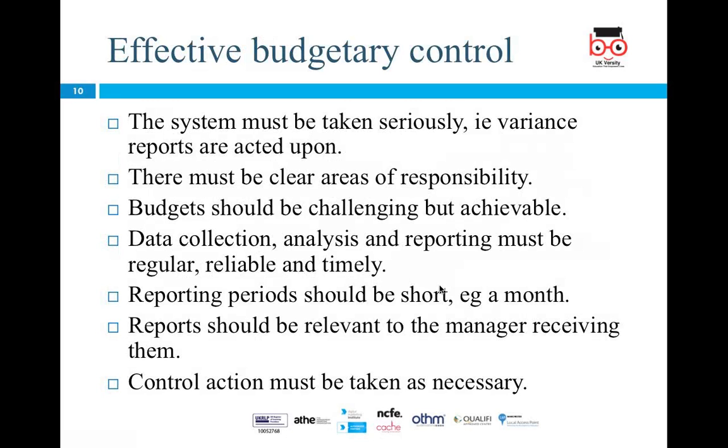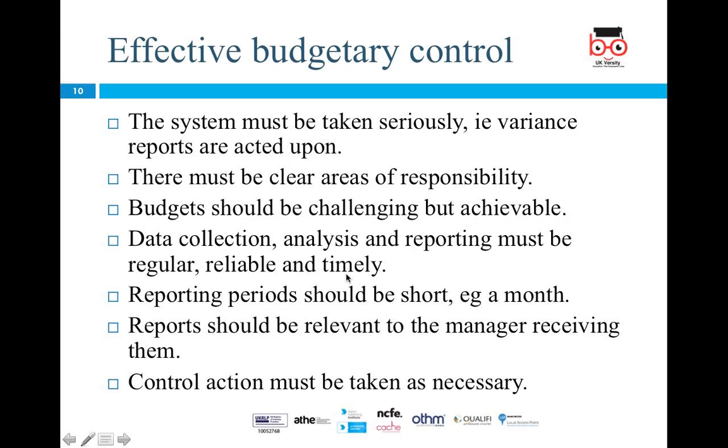So for effective budgetary control, if we talk about the effectiveness and efficiency of the budgetary control, the system must be taken seriously. For example, if there is any variance, the variance reports are to be acted upon, taken seriously, and action taken very seriously. There must be clear areas of responsibility, of whose work is done and who is responsible for which areas. And if there is a challenging target, that should be doable or achievable, with a clear-cut understanding within the team.